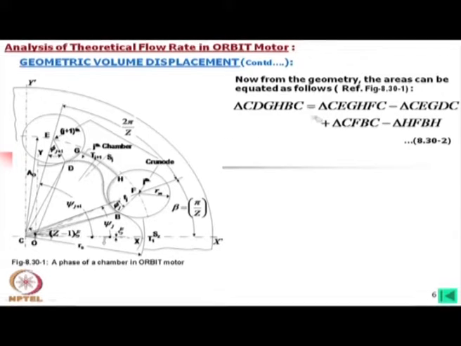So, ultimately, we are getting this area. You can check these equations yourself, and you will find that we are calculating ultimately this area.